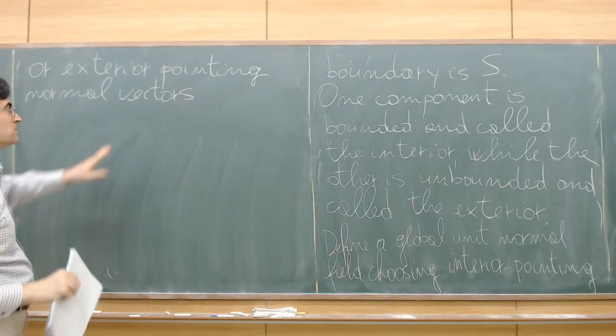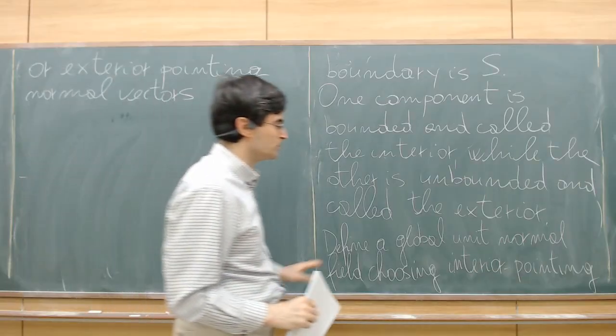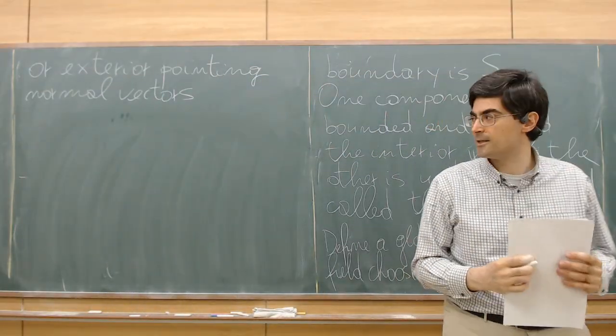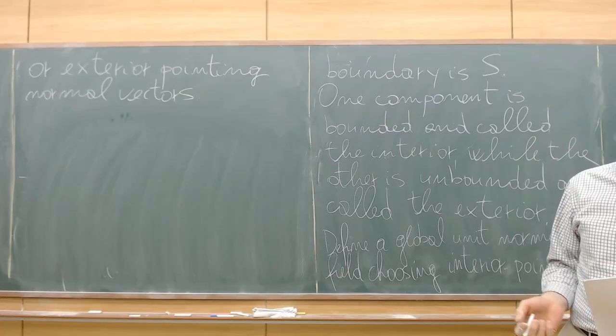So this is also a second proof of the fact that the sphere is orientable. The sphere is compact.